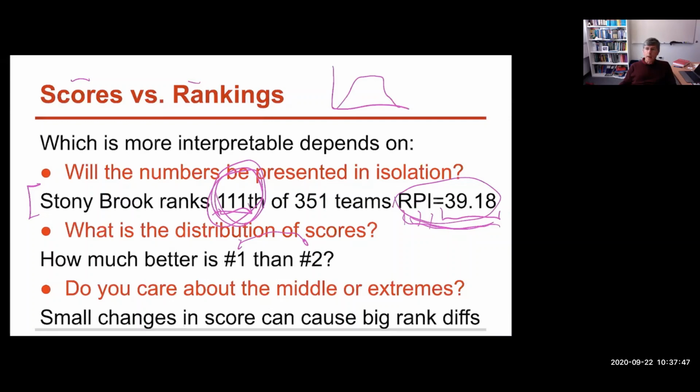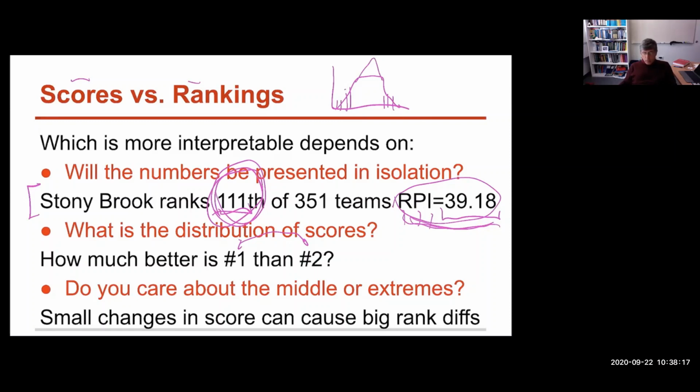Does everybody see that if you have a scoring function, you would probably expect a few teams with extremely good scores, a few teams with extremely bad scores, but a lot of teams clustered around the middle.